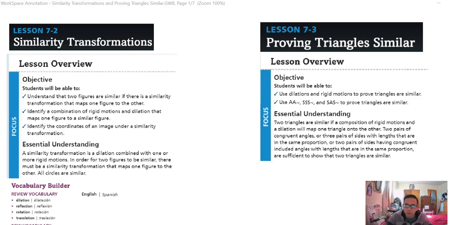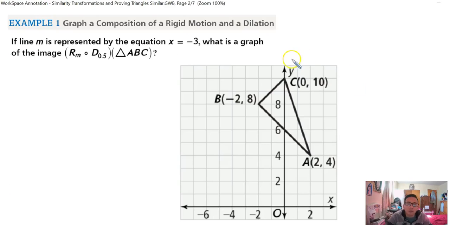Let's jump into our first example. Graph the composition of a rigid motion and a dilation. If a line M is represented by the equation x = -3, what is the graph of the image after a reflection with line of reflection M composed with a dilation of 0.5 or 1/2?